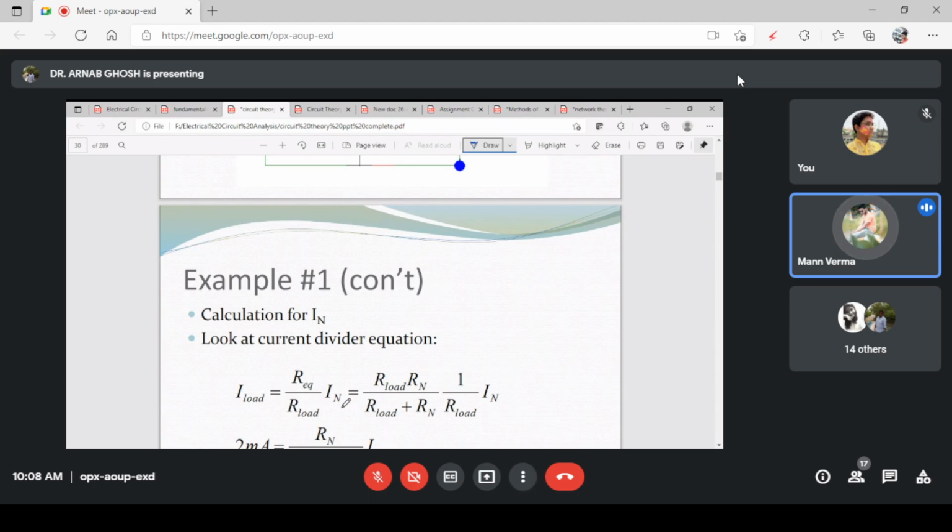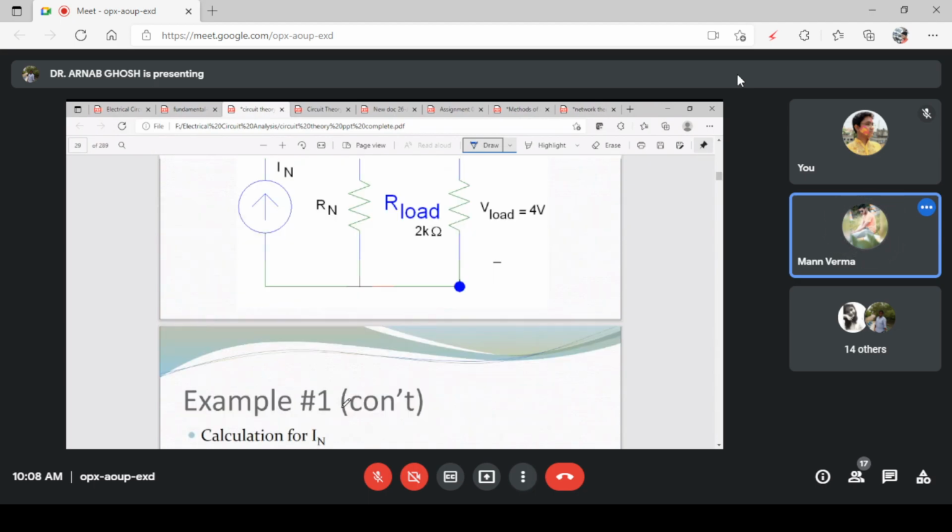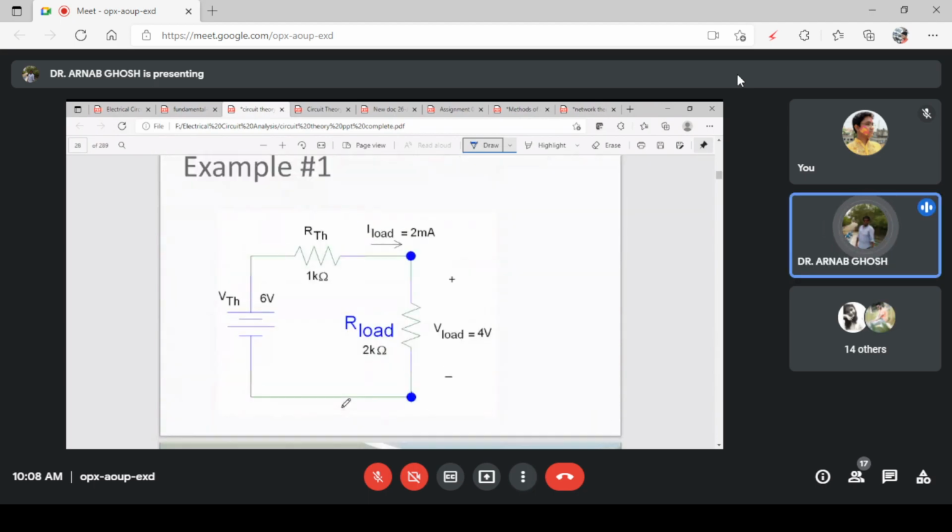Sir, can you show the circuit once? First look at this circuit. This is your Thevenin's equivalent circuit, and this was given to you. You are given VTH is equal to 6 volt, RTH is equal to 1 kilo ohm, and R load is 2 kilo ohm. You first calculate the load current.